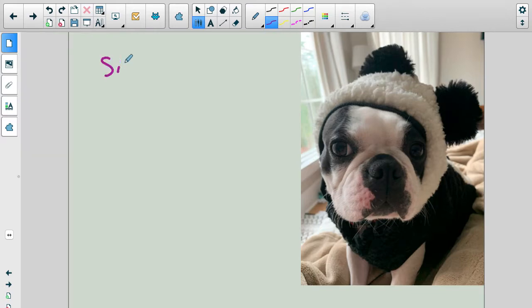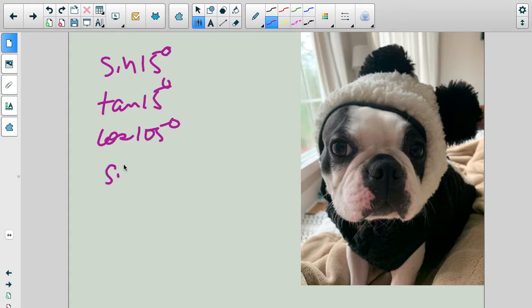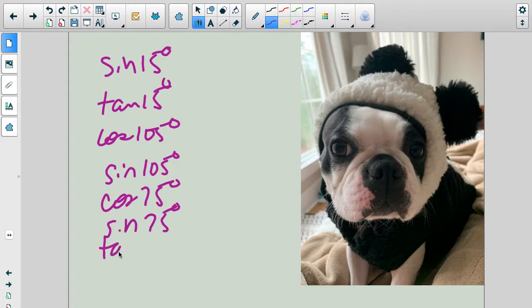So sine of 15, tangent of 15. Okay, so we have sine of 15. Then you had tan of 15. I'm going to skip. Well, I'll just write it down. Tan of 15. Cosine of 105. Sine of 105. On the second page, you have cosine of 75. Sine of 75. Tangent of 75.